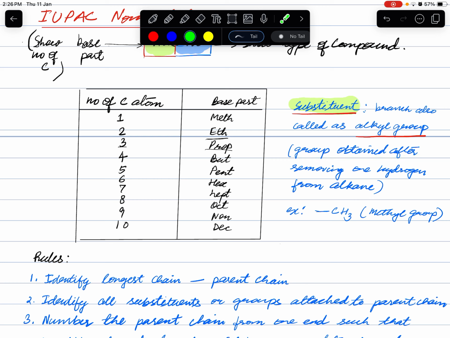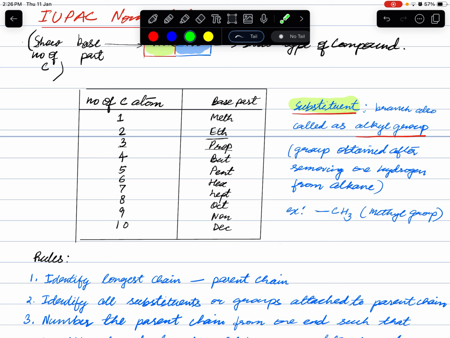Now you know very well that in alkanes every carbon forms 4 bonds, and if we remove one hydrogen, one valency will be free. So we are left with a carbon where one of the valencies is not satisfied.